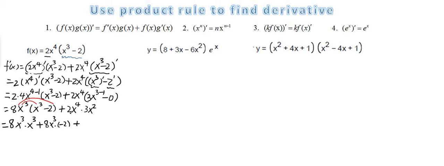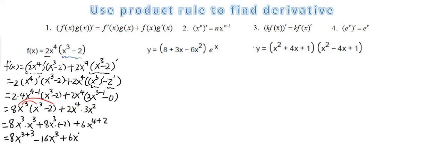And for the second term, it's going to be 2 times 3x. x to the power 4 times x squared should be 4 plus 2, right? So we have 8x to the power, x cubed times x cubed should be x to the 3 plus 3, and 8 times -2 is -16.